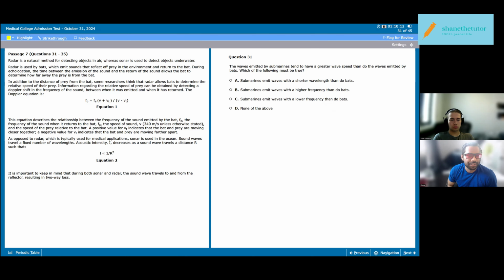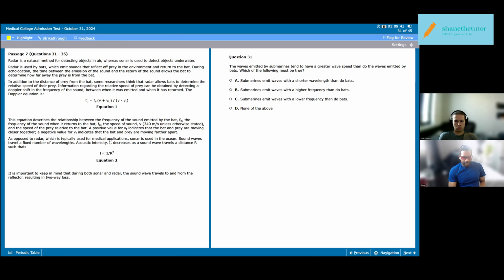There's also the relative speed, which is radar, and that involves the Doppler effect. The key thing about the Doppler effect is that it works for things that are moving: either the observer or the source is going to be moving.